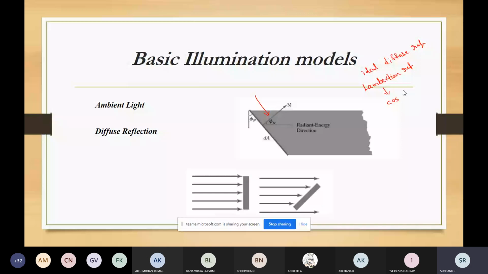What this law tells us is the amount of radiant energy coming from a surface. Take this as the surface.